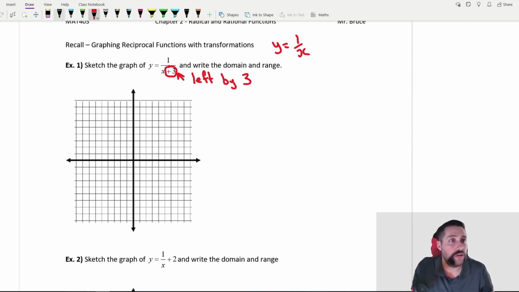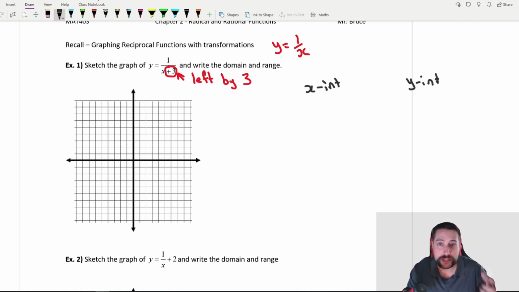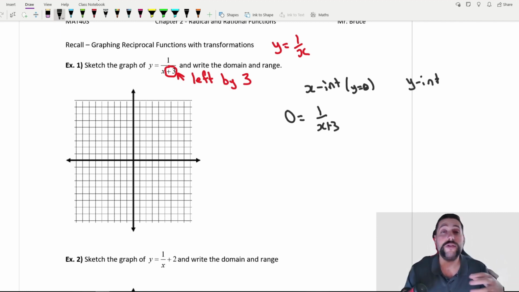A couple things we can look for are our x-intercepts. It's always good to look for our x-intercepts, and we can also look for our y-intercepts. So let's look for our x-intercept. That means we have to set y equal to 0. So if we have 0 is equal to 1 over x plus 3, in order for us to get the x plus 3 out of the denominator, we'd have to multiply both sides by x plus 3, and anything times 0 is 0.